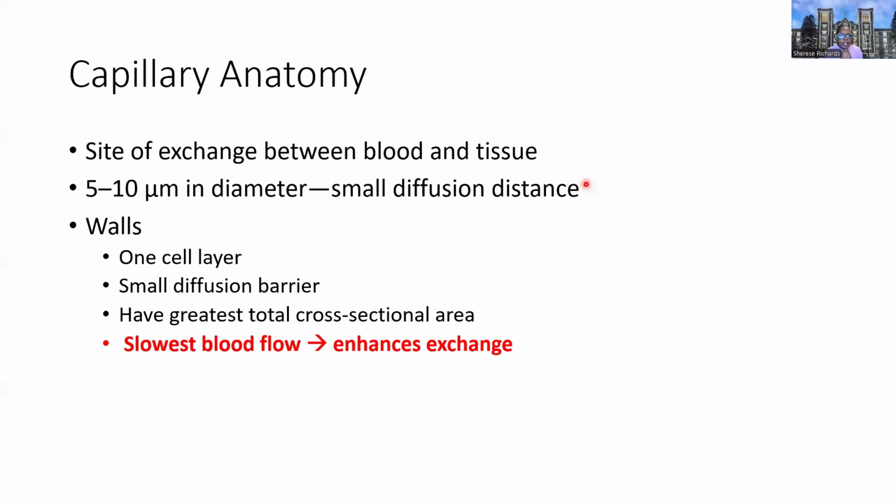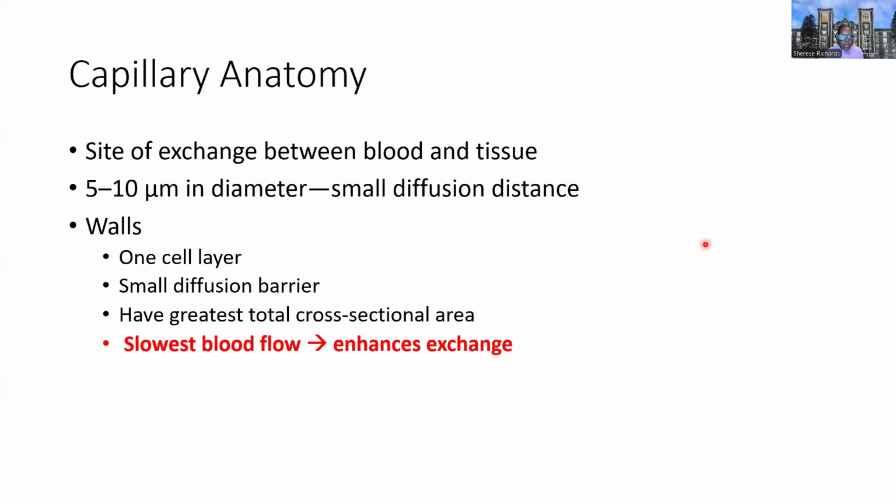So just to remind ourselves here, capillaries are the site of exchange, so their diameter needs to be very small, about 5 to 10 micrometers in diameter. And this is a small diffusion barrier, so about 1 cell layer thick, very, very tiny distance for particles to diffuse across. They're also going to have the greatest total cross-sectional area, meaning that they are the most abundant vessel.